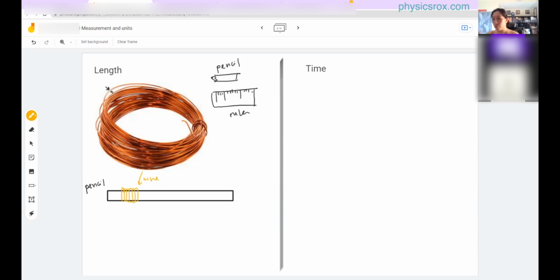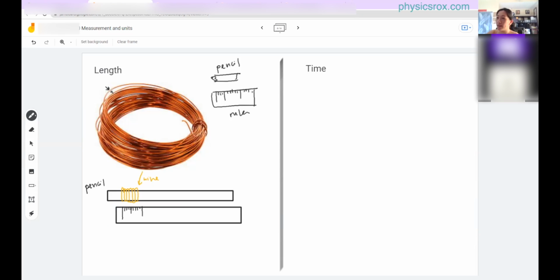How do you measure the diameter? You take the ruler. Let me draw it just like that. You take the ruler and then you actually measure. Are you starting to get the picture?